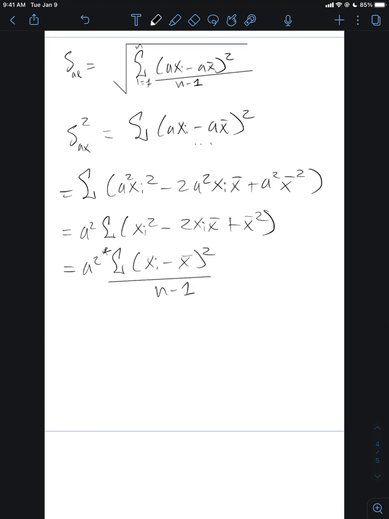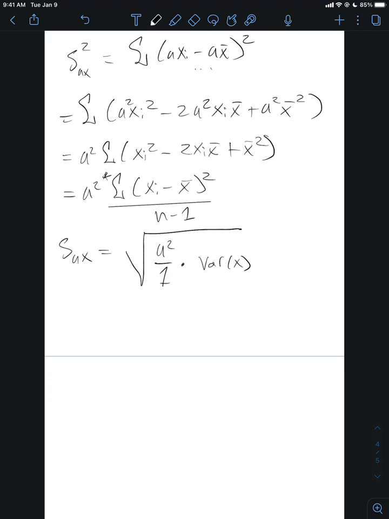So then if we want the root of the thing, then we're going to say the standard deviation of ax is equal to the root of a squared, and I'm going to write this out like this for total clarity, and then we're just going to call this the variance of x here, right? And so then we can actually turn this into two separate products.